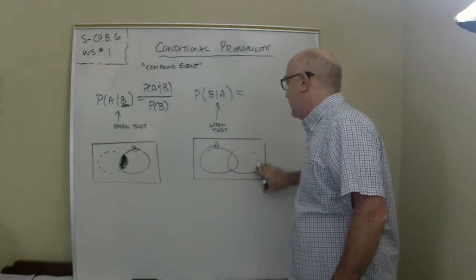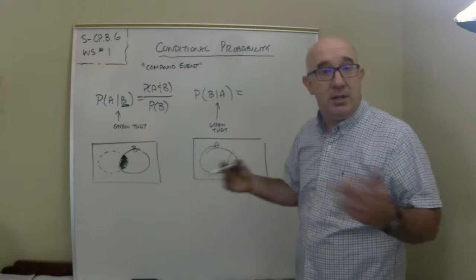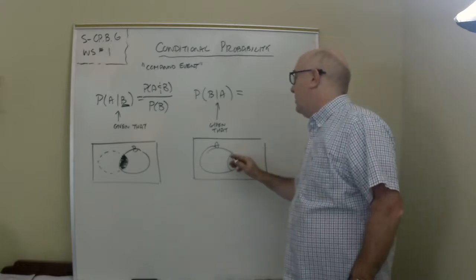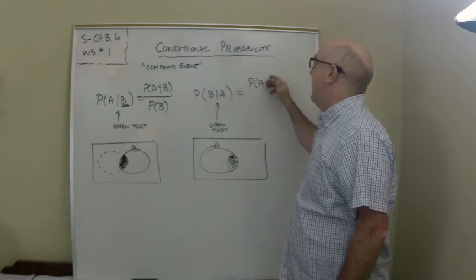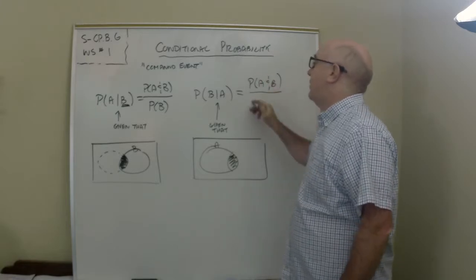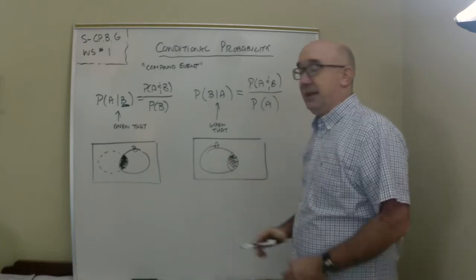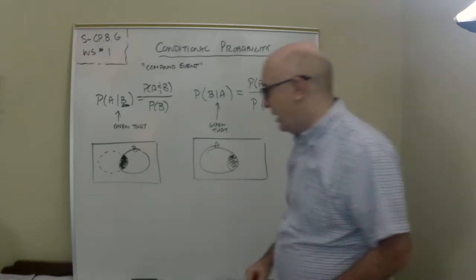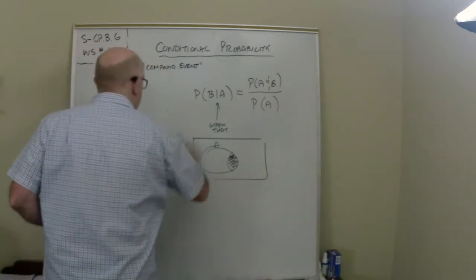Well, what that means is A has already happened. The coin has been flipped, the card has been picked, and the only way to get a B value is in that intersection of A and B over the probability of A, because it's the only thing that remains in here. Now, this gets used in lots of different ways.